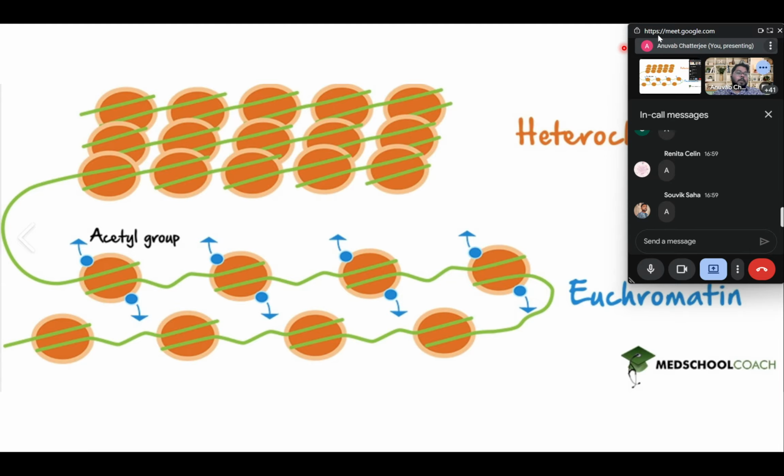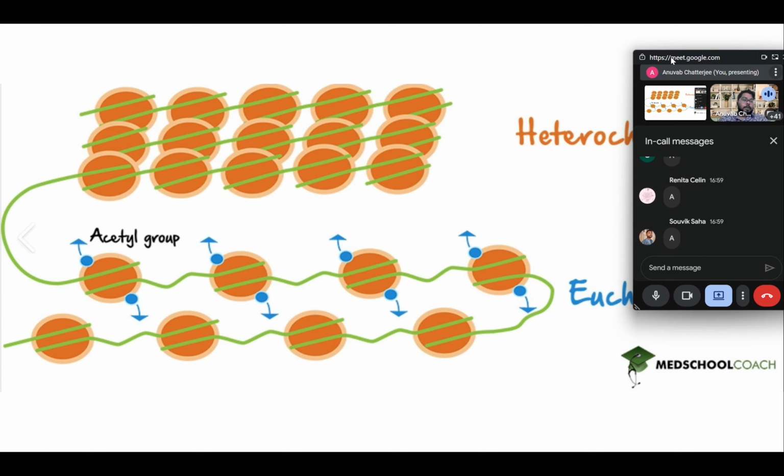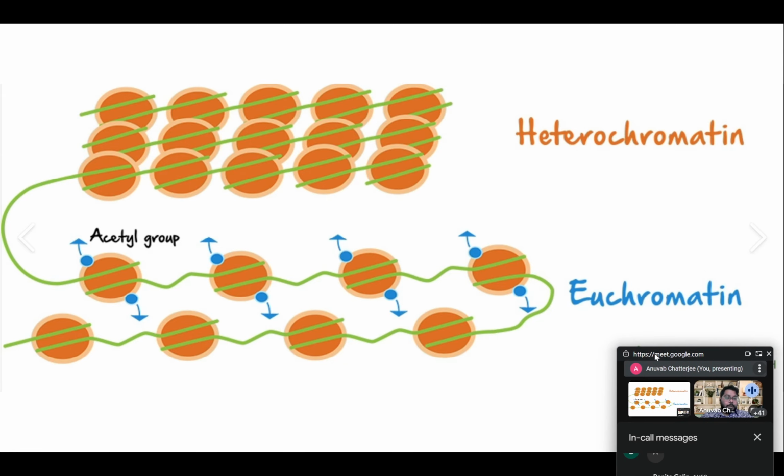So the chromatin in the case of eukaryotes is present in two different kinds of structures. One is called heterochromatin and one is called euchromatin. Heterochromatin are parts of the DNA which are clumped very tightly together, and these parts of the chromatin prevent any transcription factors from getting in and starting to transcribe genes.